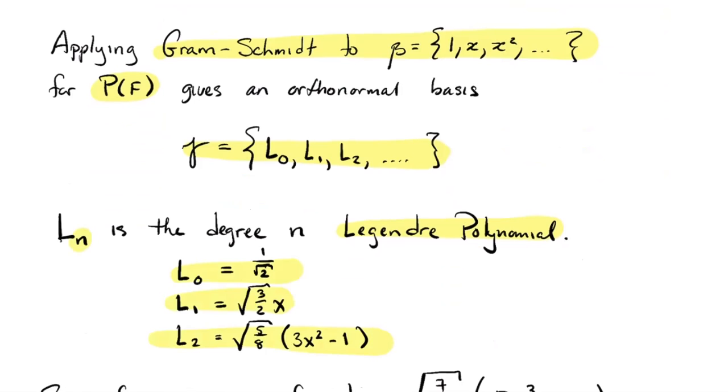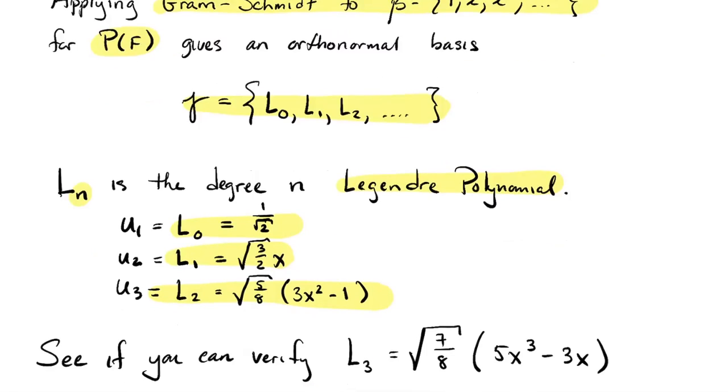I'm using a subscript that matches the index, so in my notation above, U1 was L0, U2 was L1, and U3 was L2. I like the index to match the degree of the polynomial. So the Legendre polynomials are by definition the result of applying the Gram-Schmidt orthonormalization process to the standard basis for the polynomial vector space, with the inner product defined above, that integral from -1 to 1.